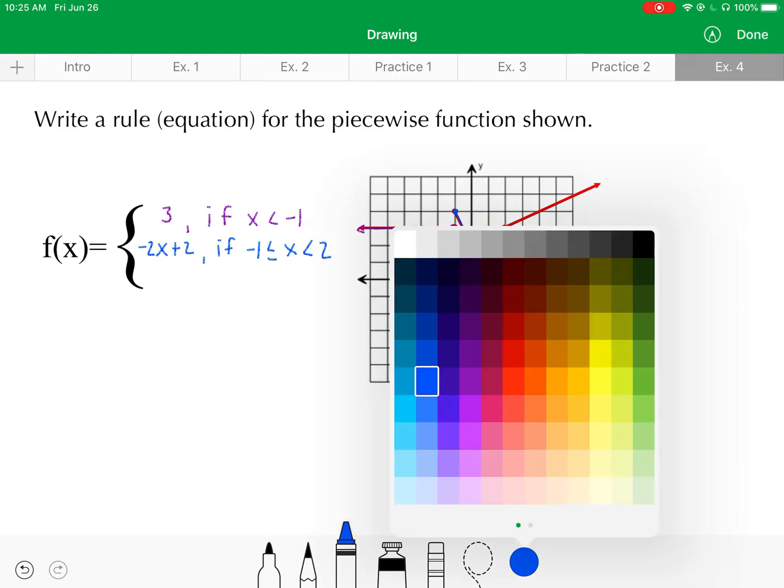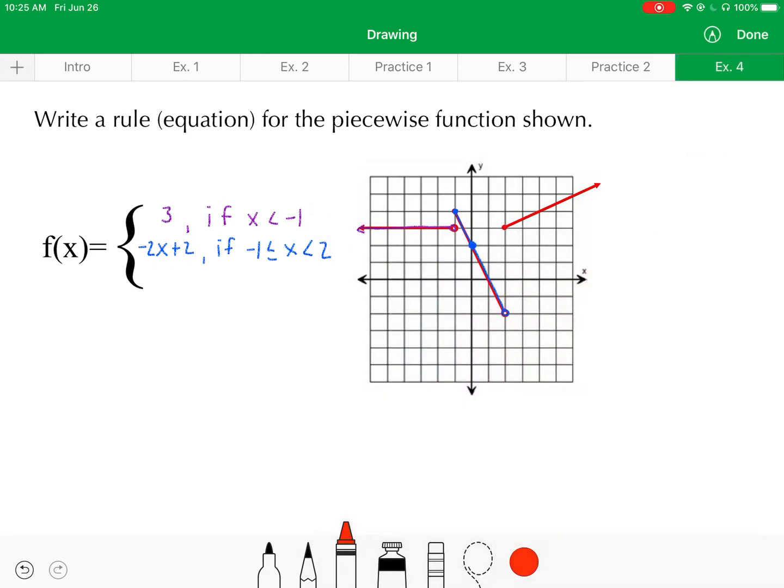Now the final piece, I'll leave it in red, and I'm noticing that from this endpoint right here up to this point, there's a slope of 1/2. And then if I were to extend this piece in the negative direction, where the same trend of points would continue, you'd intersect the y-axis, and it looks like it would be intersecting the y-axis at 2.